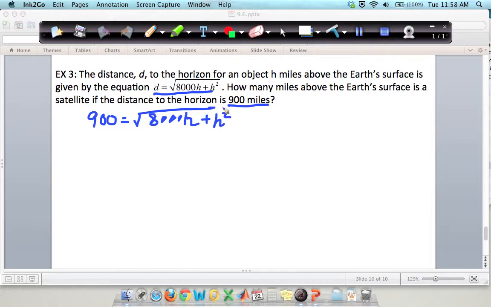Okay, so 900 equals the square root of 8,000h plus h squared. I'm going to square both sides to get rid of the square root. I'm going to write the 8,000h plus h squared first. It doesn't really matter. I'm just going to put it first.